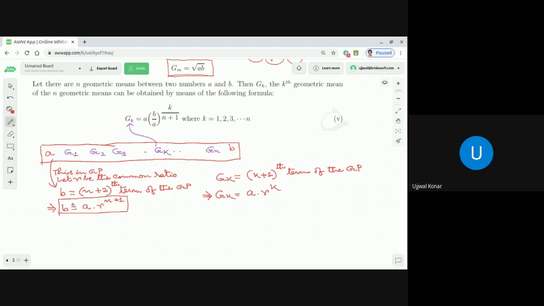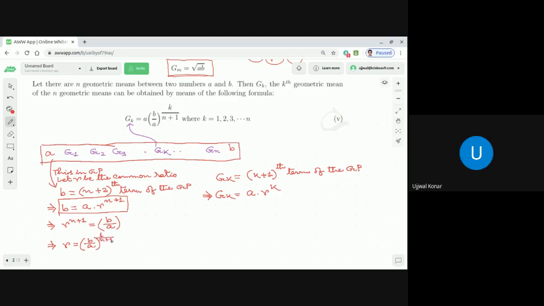And for that, we can take help of this left-hand side equation. What is R to the power n plus 1, dear students? R to the power n plus 1 is equal to B by A. Correct or not? So from here, we can find the value of R is equal to B by A power 1 by n plus 1.